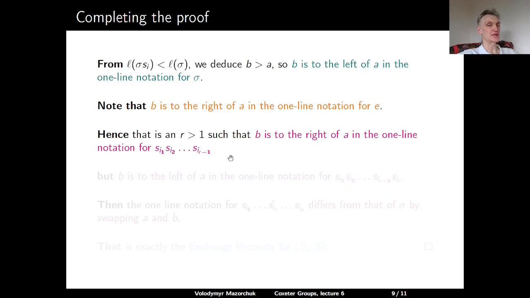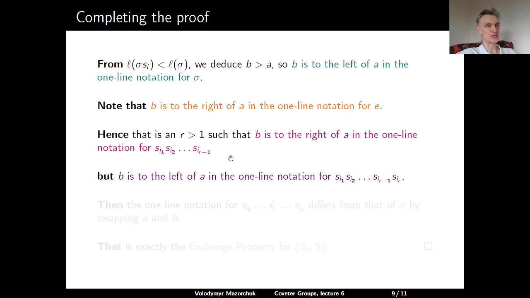Therefore, there exists some number r greater than 1, such that B is to the right of A in the one-line notation of Si1, Si2 and so on Si(r-1), but B is to the left of A in the one-line notation for Si1, Si2 and so on Sir.